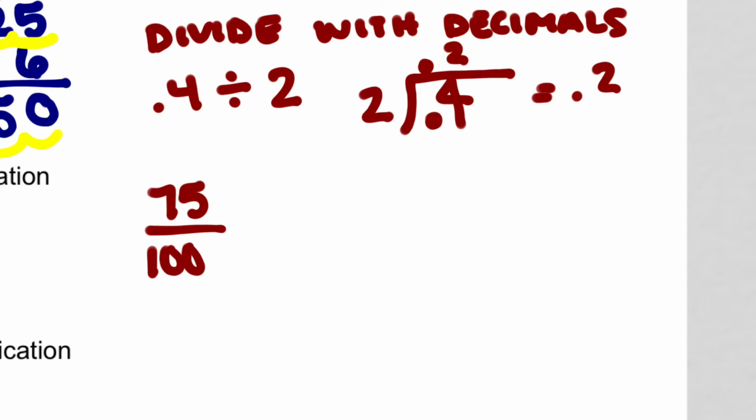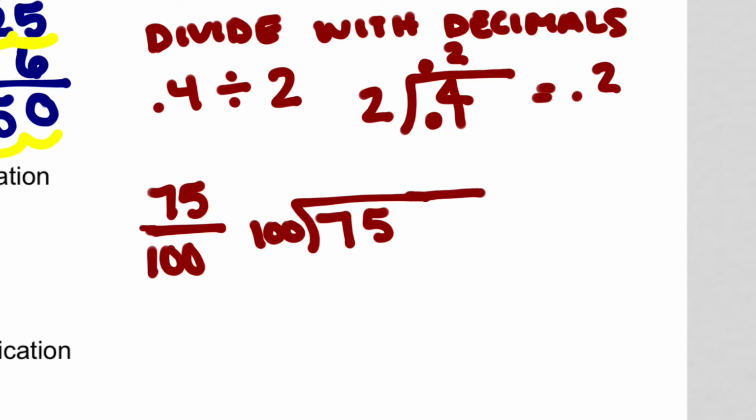Well, I know that this fraction bar is the same thing as saying divided by. So I'm going to do 75 divided by 100. Well, 75 is not big enough to fit any hundreds in there. So I know I'm going to need to add some decimal points. Wherever my decimal is here, I want it to be there because I want everything to line up.